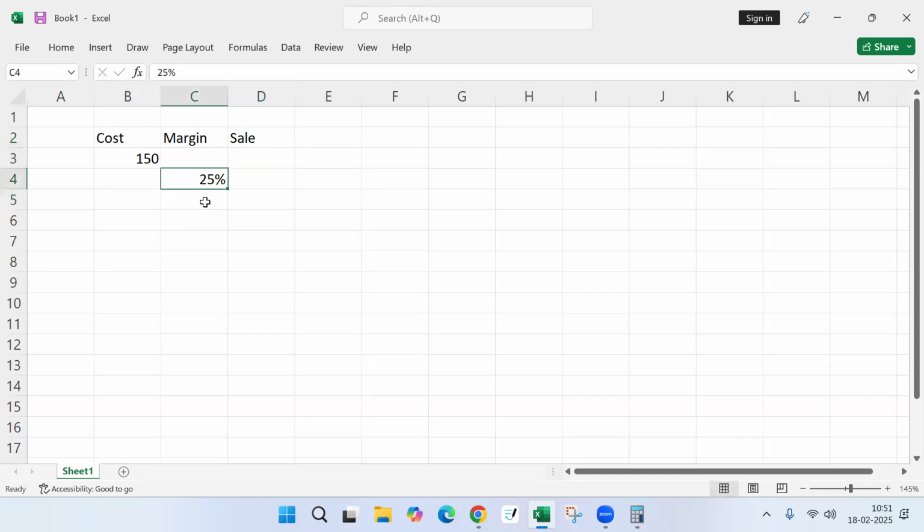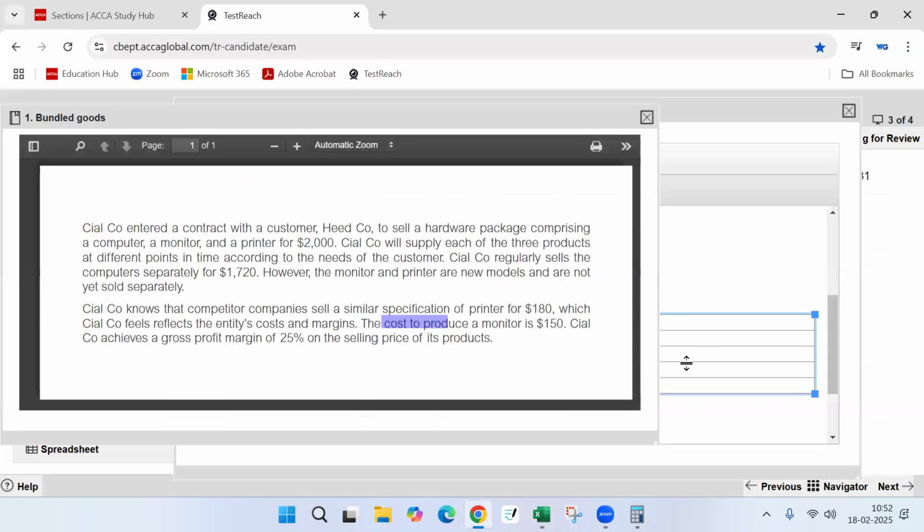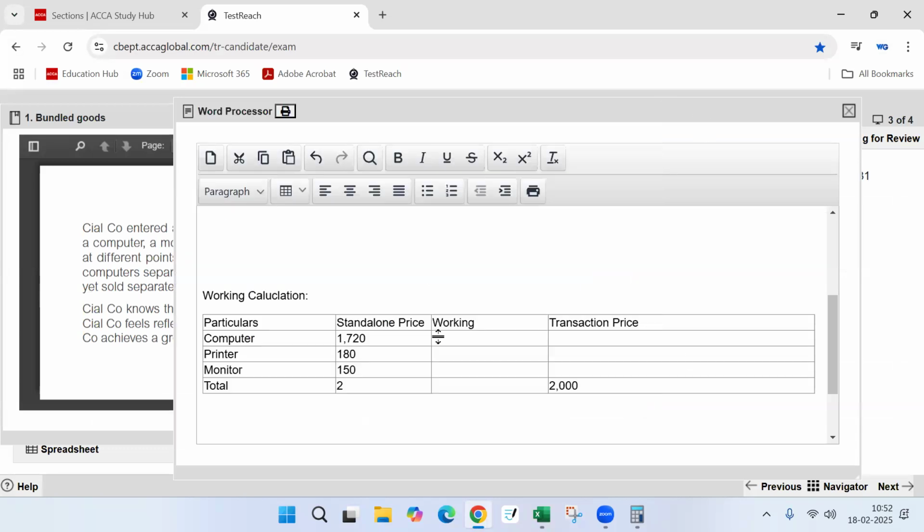So your sale value will be 100% and your cost value is 75%. Your sale value will be 150 into 100 divided by 75, which will be 200.